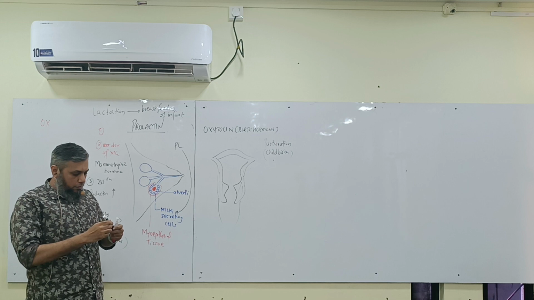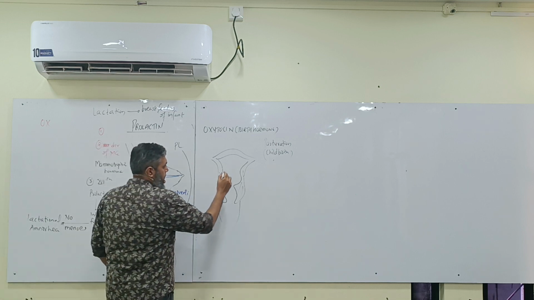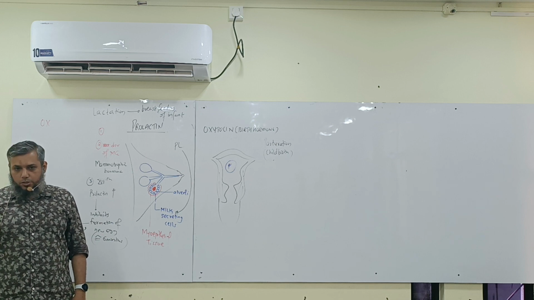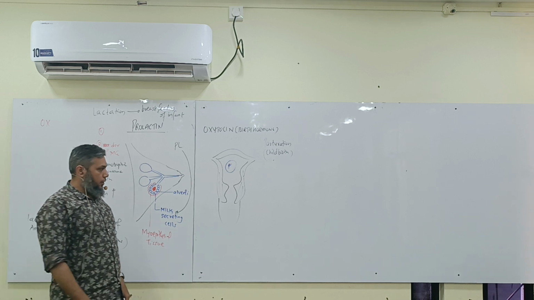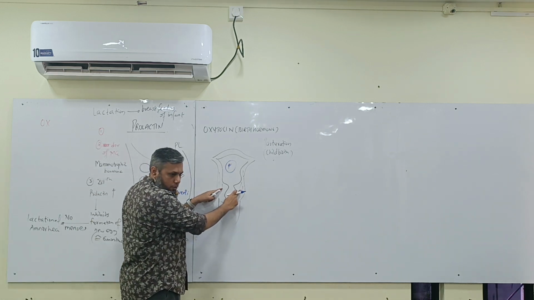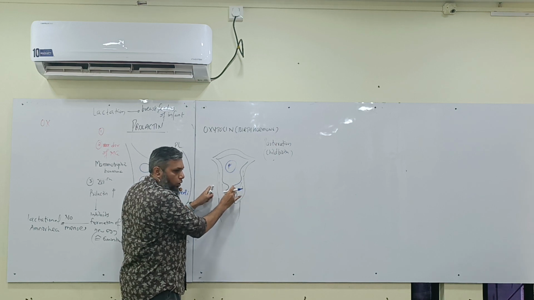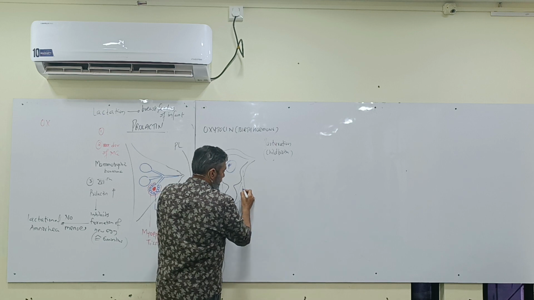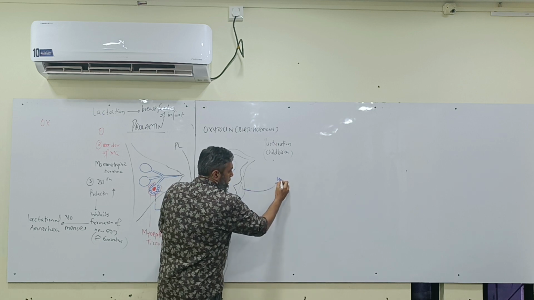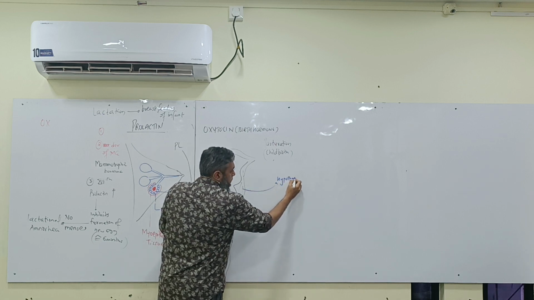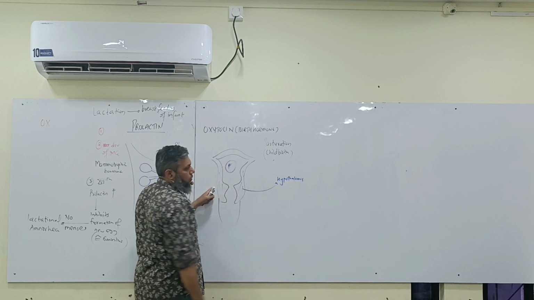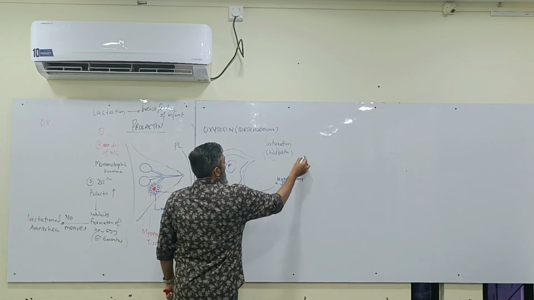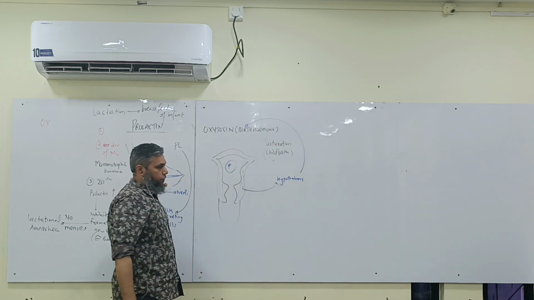So here we have a fetus developing inside. When it is time for parturition, the uterus undergoes mild contractions, and the signals are sent to the hypothalamus.